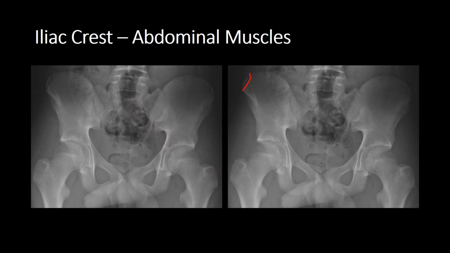So the great thing about the pelvis is that you can always compare sides, and particularly with avulsion fractures in paediatrics, it's always helpful to look at the opposing side to see if it looks the same or different.